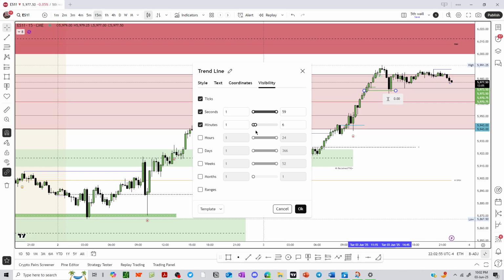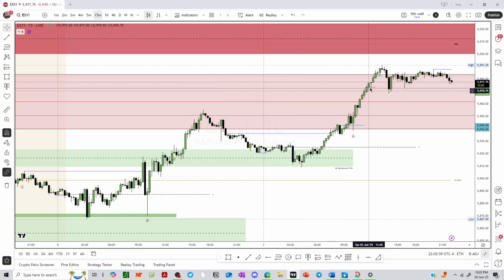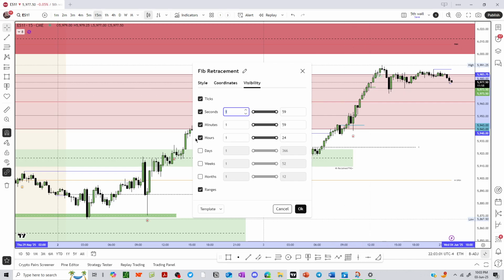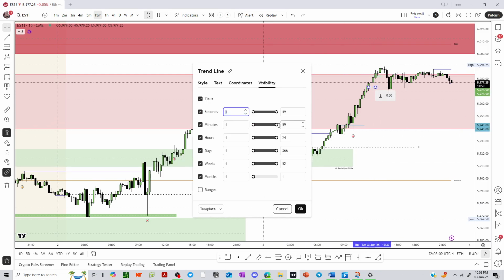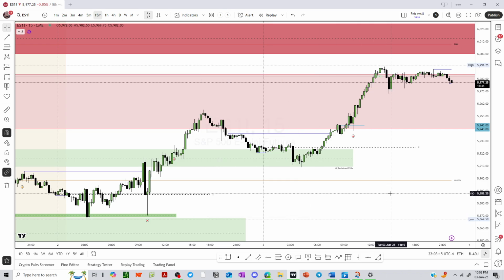I could have been more cognizant when I actually drew them to make sure that they're drawn only on the time frame that I'm drawing them on. It gets messy if you leave it there. It's like, where did that come from? Maybe tomorrow you'd be like, what's going on? Low key, this can stay.